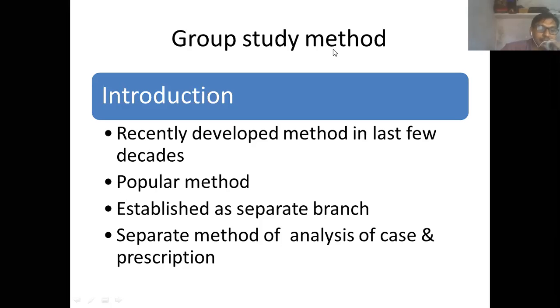But along with this method of analysis, some stalwarts have also insisted that whenever you analyze a case according to the causation, modality, mental general, and physical general, you must try to identify, from the symptoms narrated by the patient and the way you have interacted with the patient during case taking, which group of remedies the patient sitting in front of you belongs to.